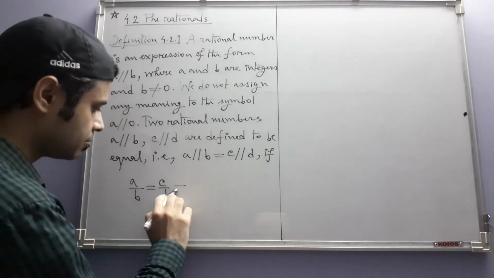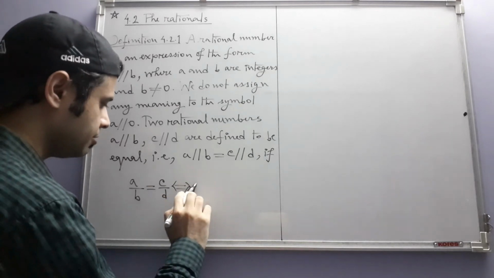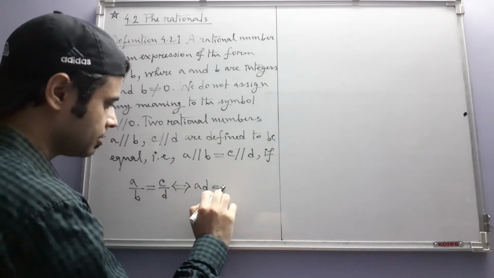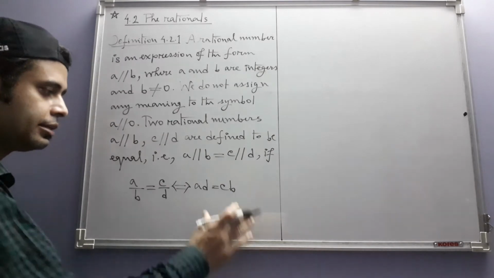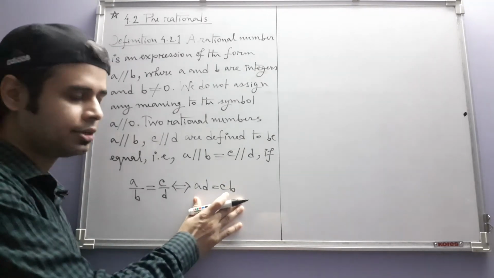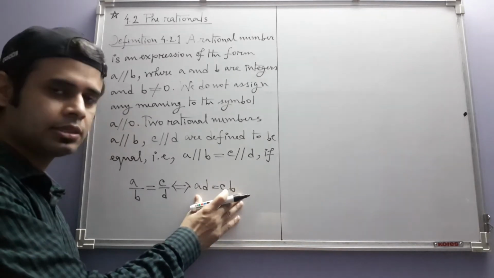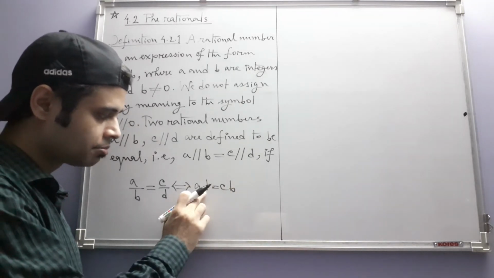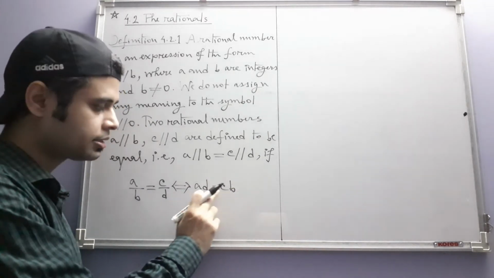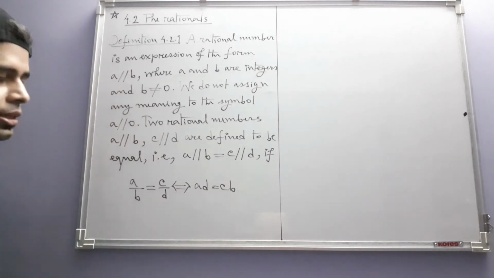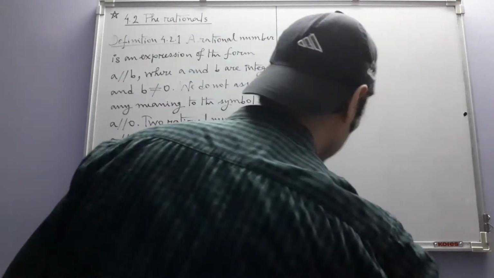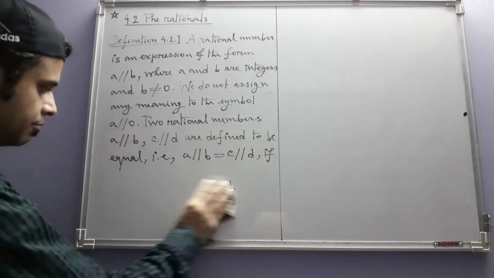Clearly when and only when AD is equal to CB, and in this condition we don't have anything new. We already have what we developed in the system of integers, namely product of two integers and equality of two integers. So that will be the condition which will define this equality.